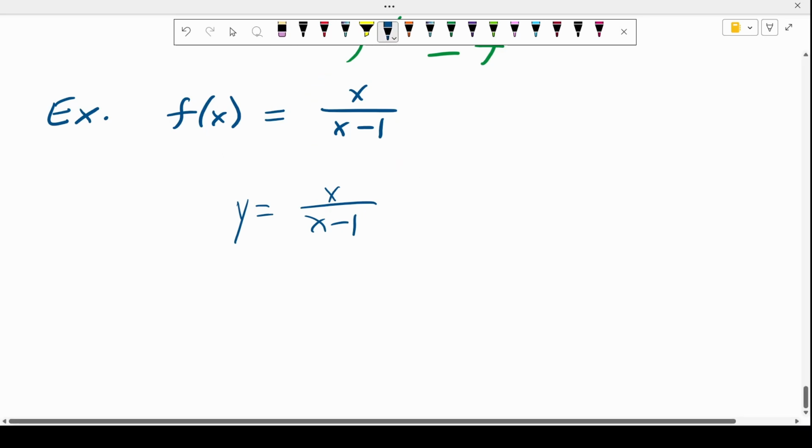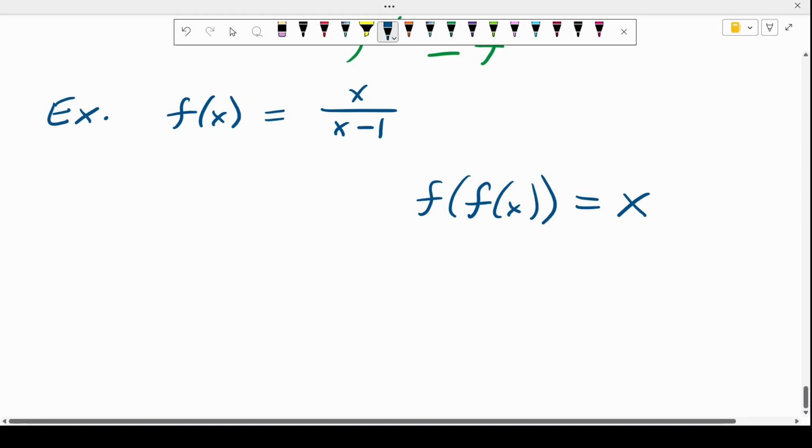The other way I could do it is I'm saying, okay, I'm claiming this is a self-inverse. Well, then that means that f of the inverse of f, which is f of x, has to equal x. And also f inverse of f, which is f of x, also equals x. But these are the same thing, so I only have to show it once, right?